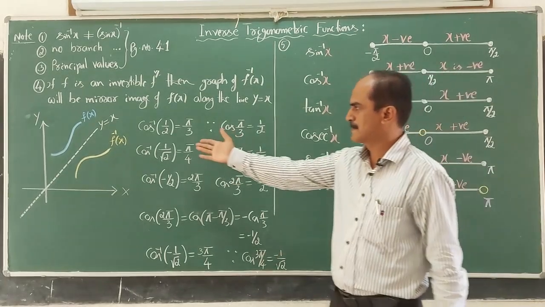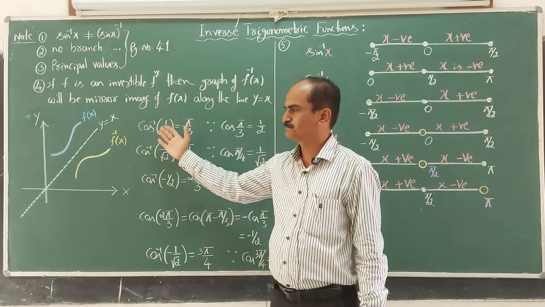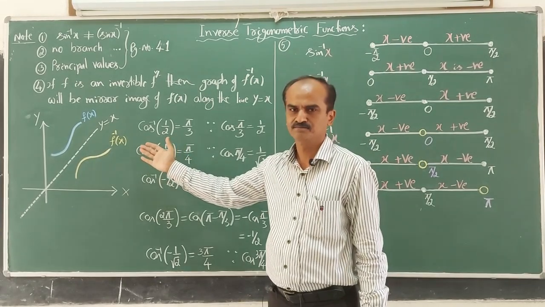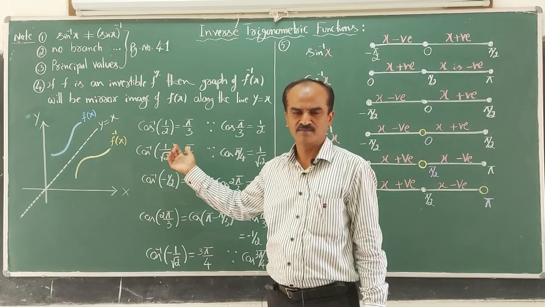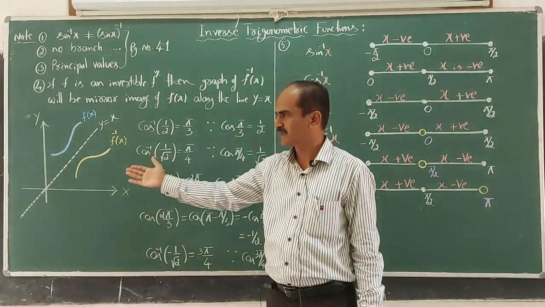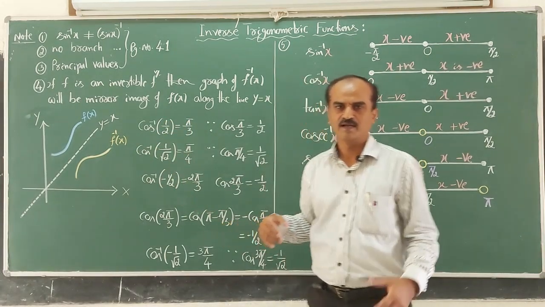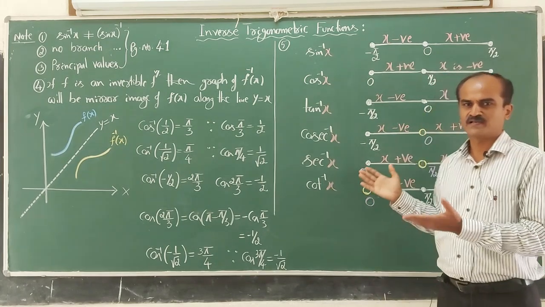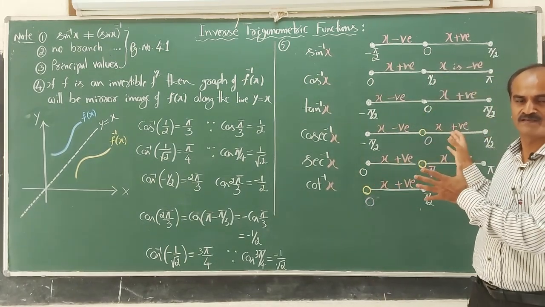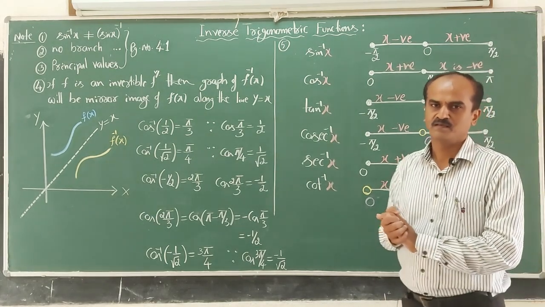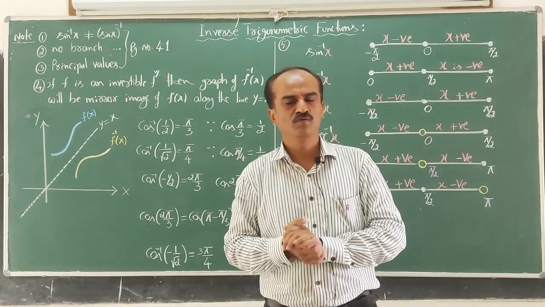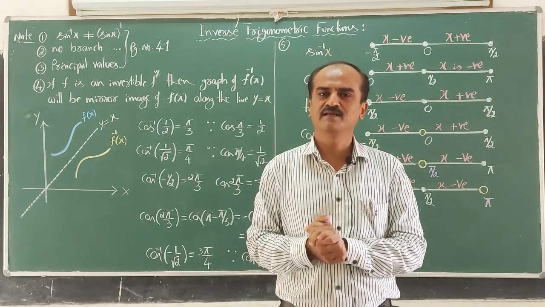One is that f of x and its inverse function appear as mirror images of each other with respect to the line y equal to x, and the other is in which interval the values of the inverse trigonometric function lie according as x is positive or negative. Now, with this idea, we will move on to solving the examples given in exercise 2.1.